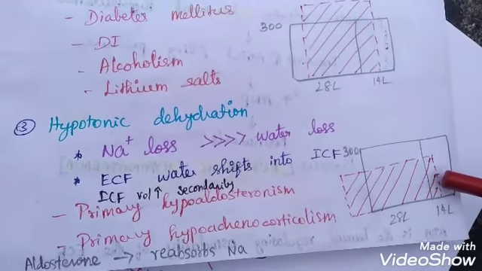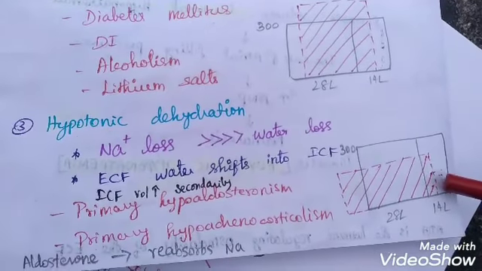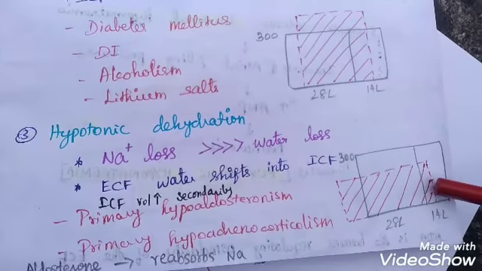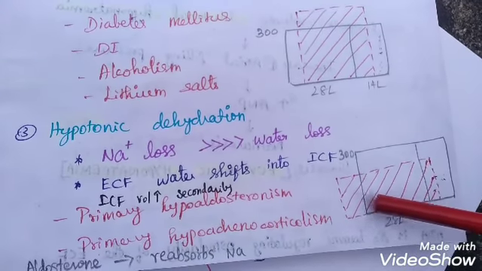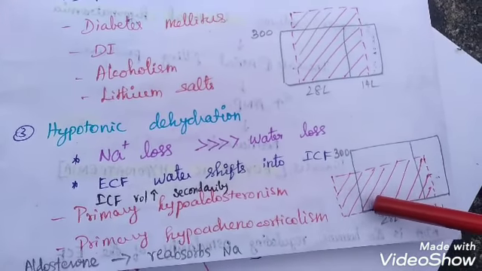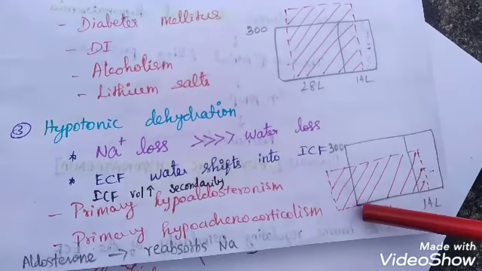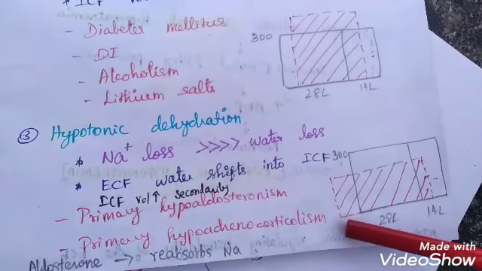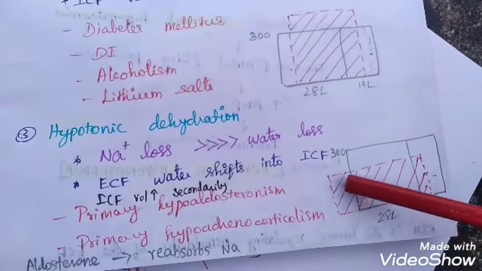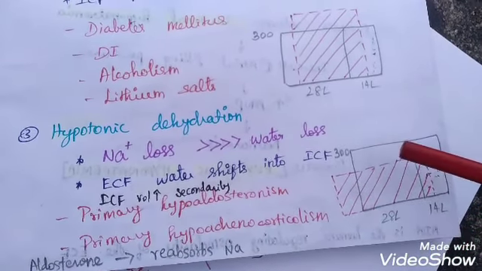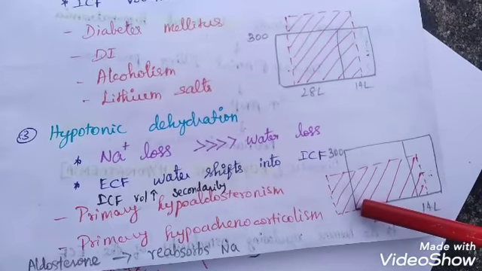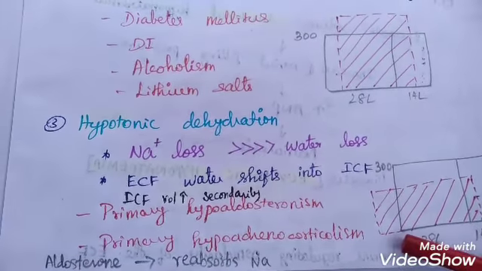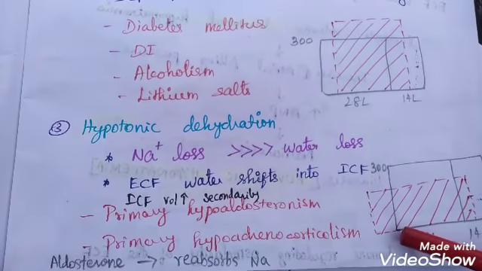So here the sodium in the intracellular fluid pulls water from here. So the intracellular fluid volume increases secondarily, so the cell bulges. Tonicity is low and the cell bulges. It happens in primary hypoaldosteronism and primary hypoadrenocorticism.